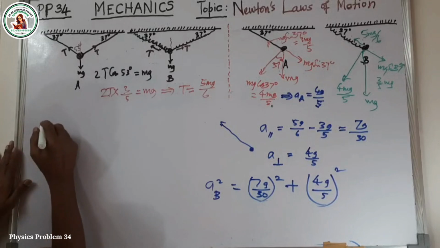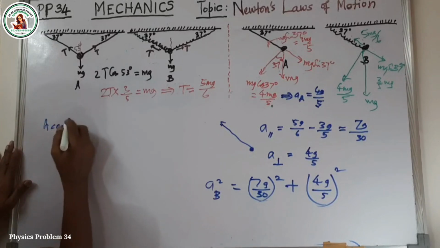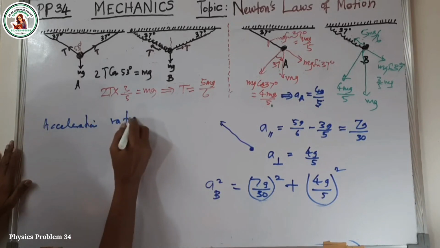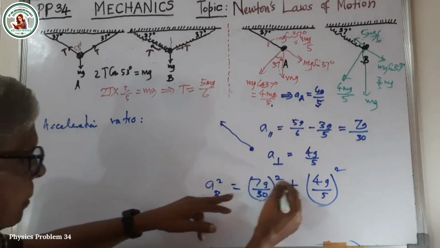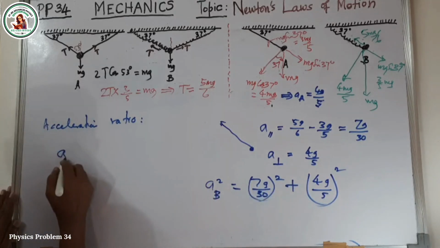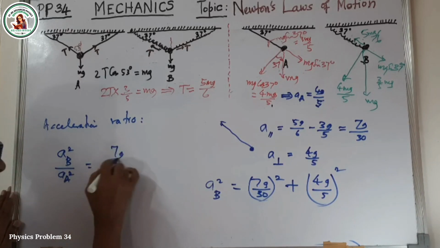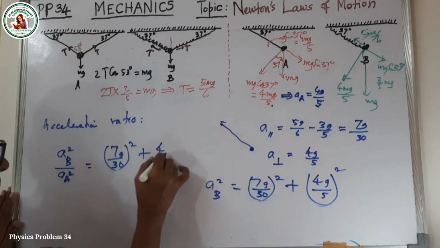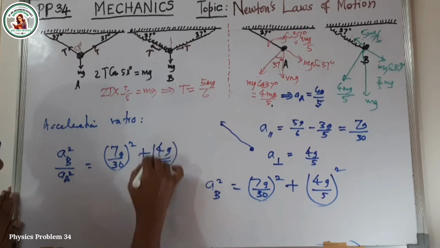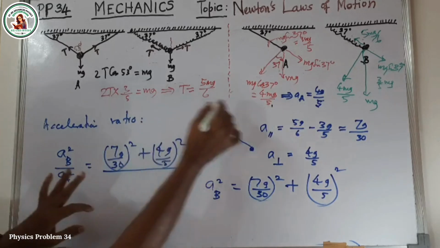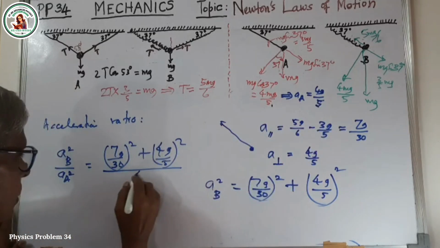The acceleration ratio, this is already in the square form, so I take a_B squared by a_A squared, equal to (7g by 30) squared plus (4g by 5) squared, divided by (4g by 5) squared, because A also you have to represent in the square form.